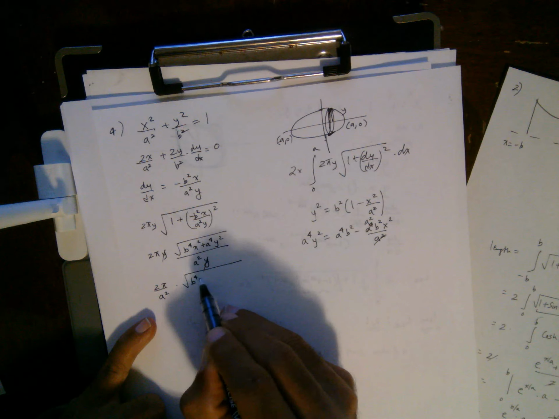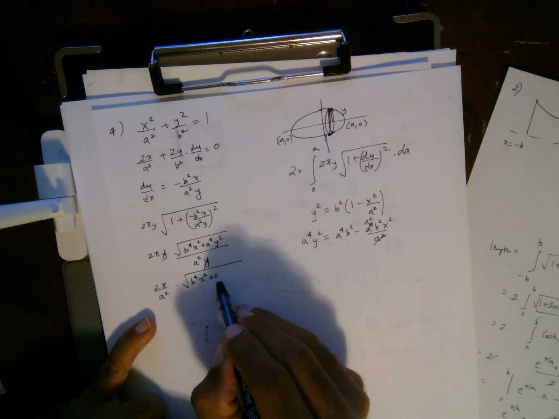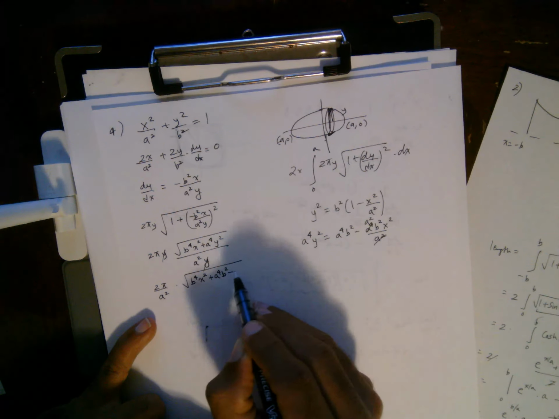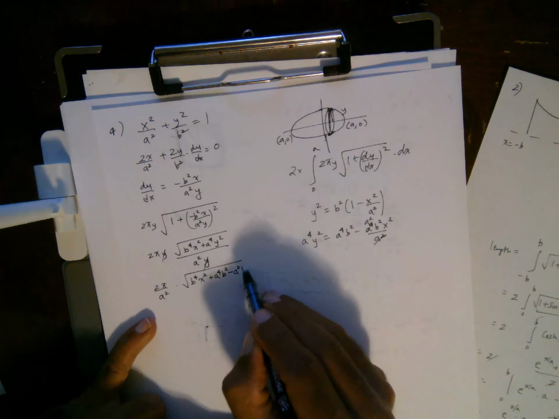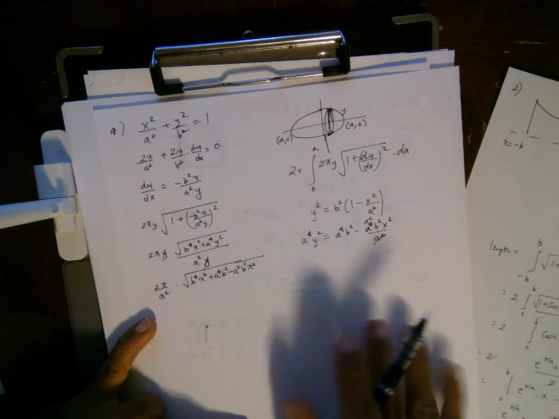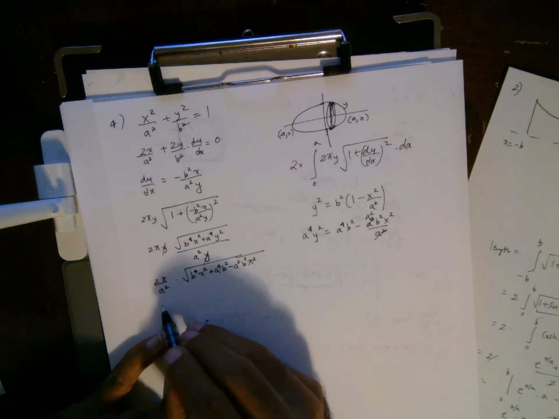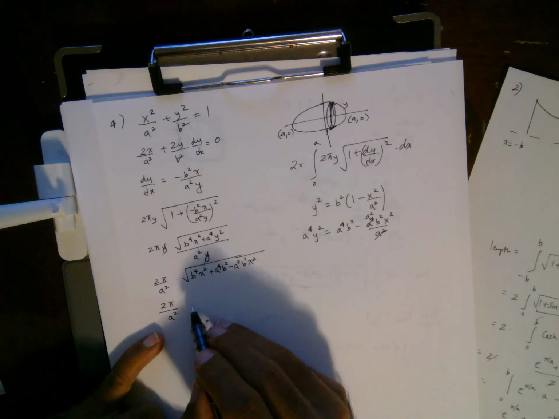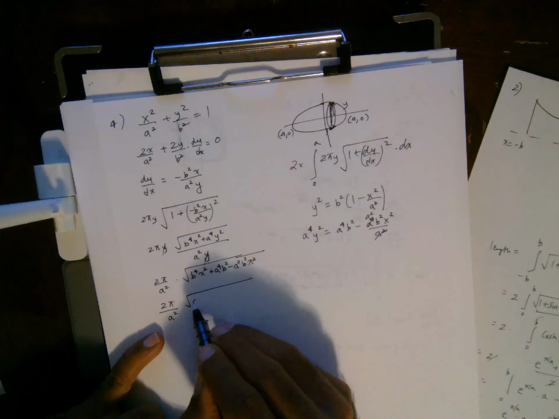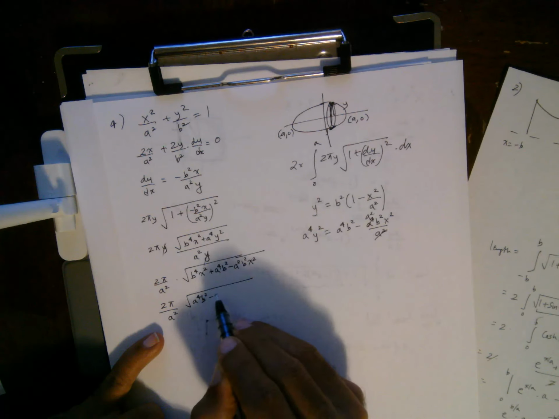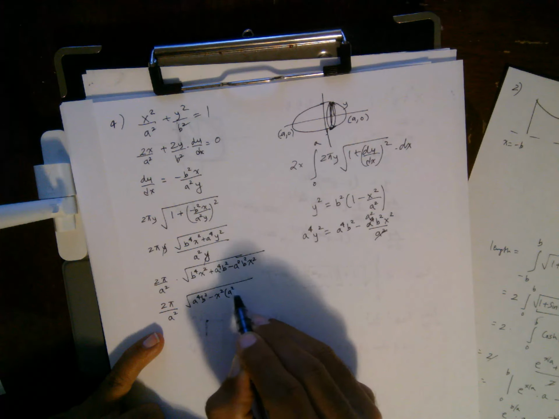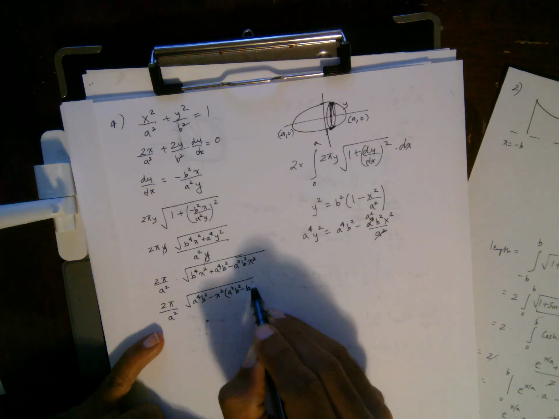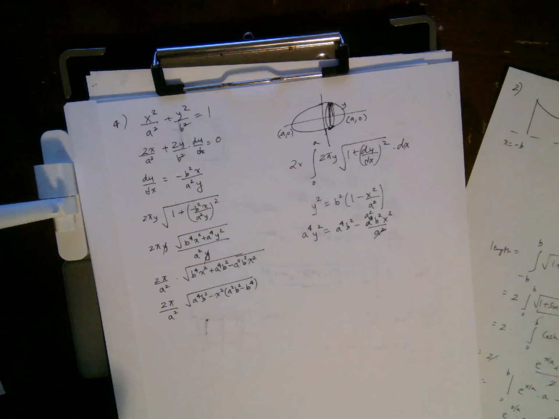So this is b to the 4 x squared plus a to the 4 b squared minus a squared b squared x squared. Simplifying this further, this is a to the 4 b squared minus x squared a squared b squared minus b to the 4. Now let's try and simplify some stuff.